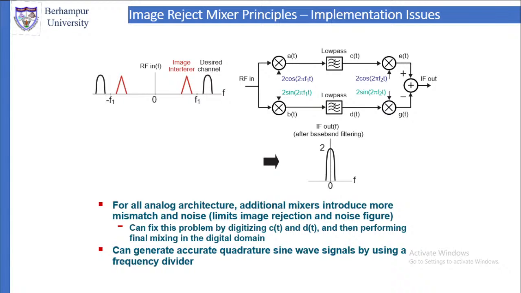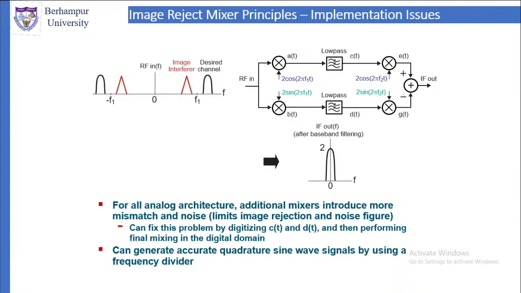Now in this, what are the issues? The issue is, if you are using analog architecture, then you require additional mixers. Additional mixers will introduce more mismatch and noise, and because of this mismatch and noise, the image rejection and noise figure will be limited.